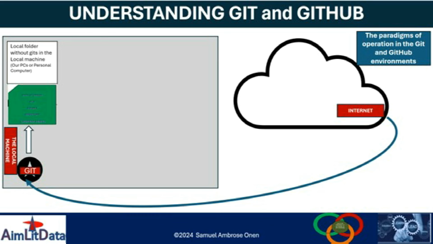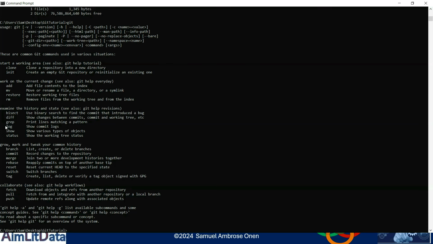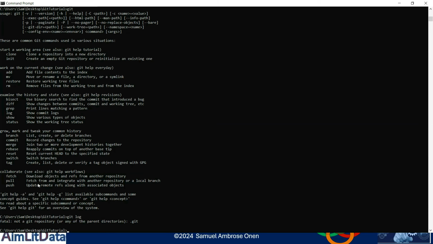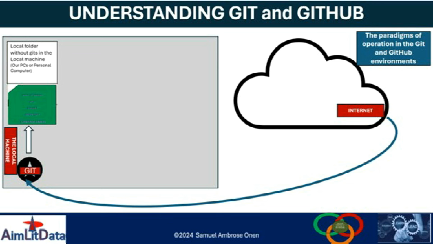Now let us try to type any of these commands. For example, let's type git log this time. Git log. My friend, you see, it tells us it is not a repository.